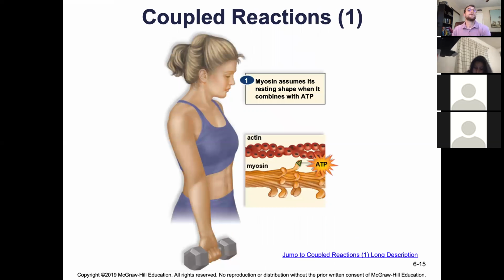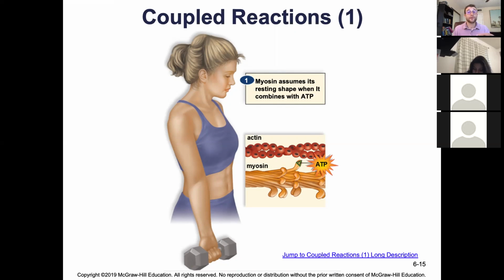All right. So now I'm going to talk a little bit about muscle physiology, just because it's a good example here. It gets way more complicated when you get into anatomy, but this is kind of the basics of it. So you've got this myosin head. So basically you have myosin and actin in muscle fiber.